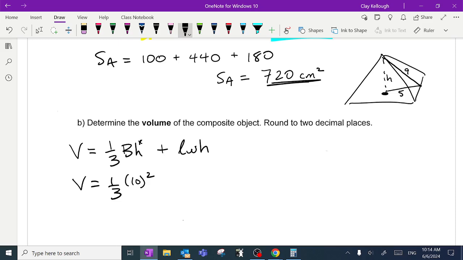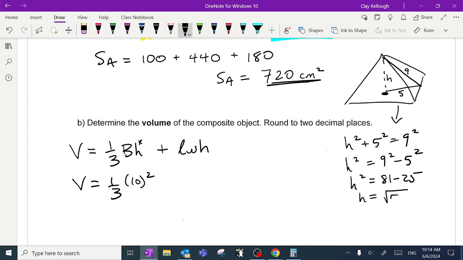So the h here, squared plus 5 squared would equal 9 squared. So h squared would equal 9 squared minus 5 squared, which is 81 minus 25, which is 56. So h is the square root of 56. So that height goes there, the square root of 56.